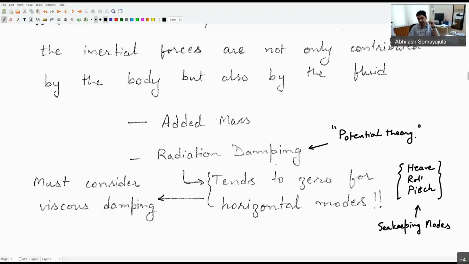That's right. But typically, for most smaller ships, or not large ships, you'll find that even the roll natural frequency will not lie well outside the wave frequency regime, and the radiation damping is sometimes good enough. Okay, sir.